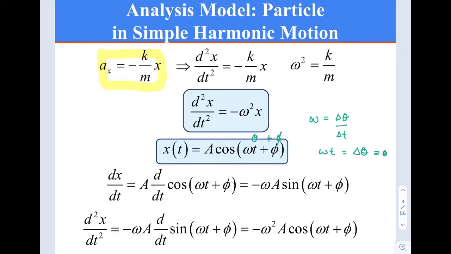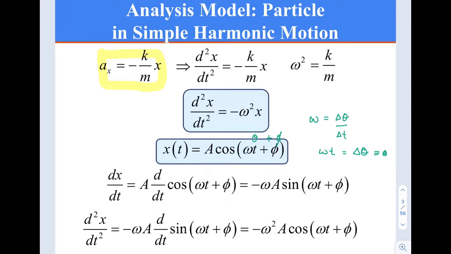So before we discuss this further, let's take a look at dx over dt firstly. Why are we concerned about this? Because we want to fulfill this equation. Dx over dt is equivalent to, taking the x function and writing it here, and a is a constant, so take it out. What we are going to differentiate is the cosine function, cosine of omega t plus phi, with respect to time.